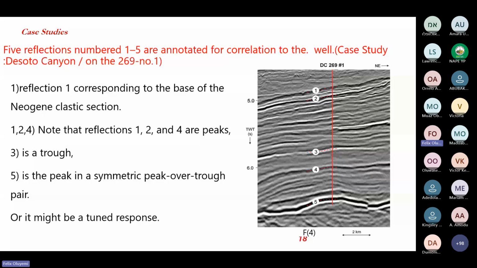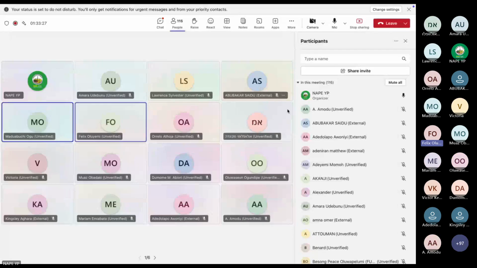Okay, so this slide, what I just want to show us is what to tie, nothing more. So we can see event 1, 2, 3, 4, 5. Some of us can still not see it. We're on slide 18 now. Can we all see the reflections numbered 1 to 5 now? Exactly.